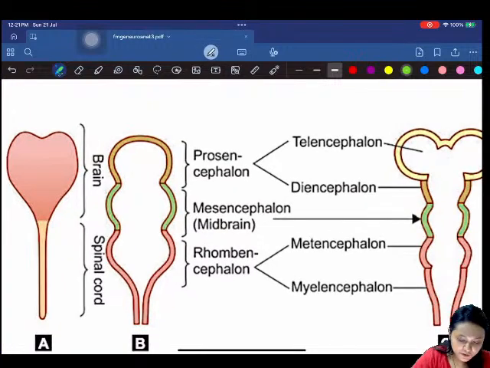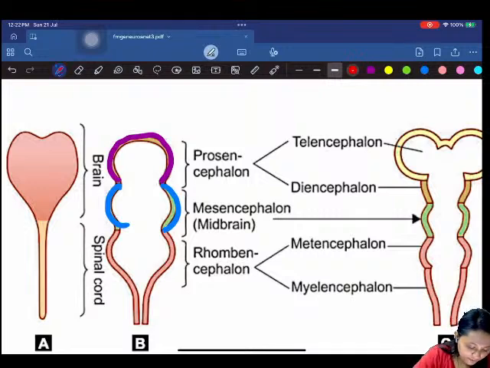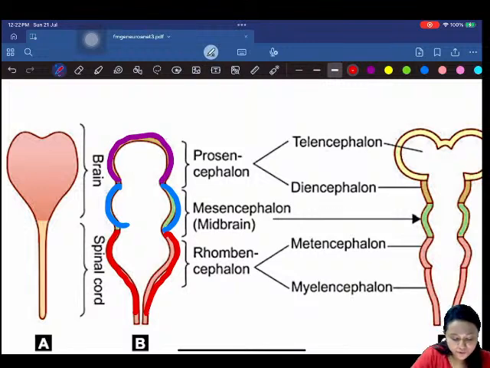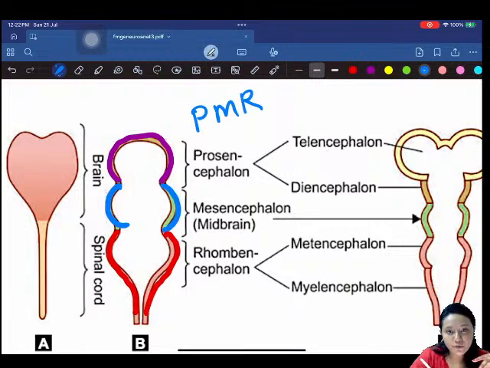Okay, so you can say this, the first bulge is the prosencephalon, then you have a second bulge that is the mesencephalon, and below you have the rhombencephalon. So you have PMR: prosencephalon, mesencephalon and rhombencephalon.